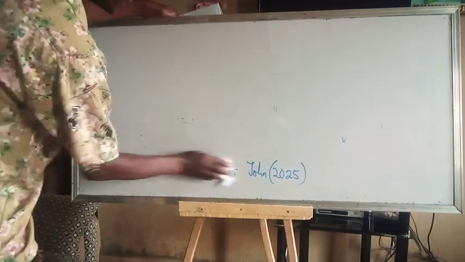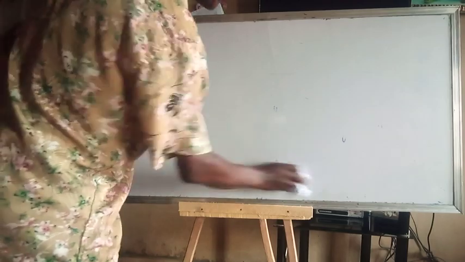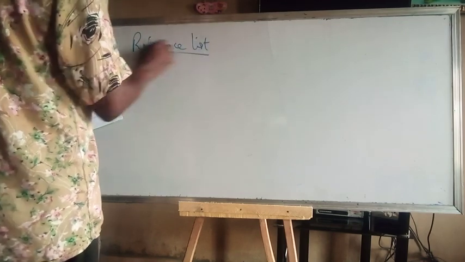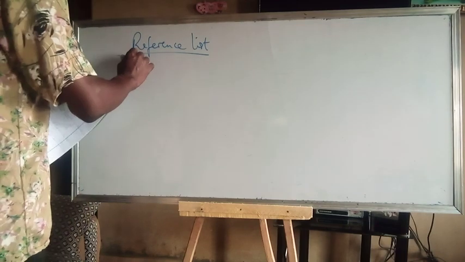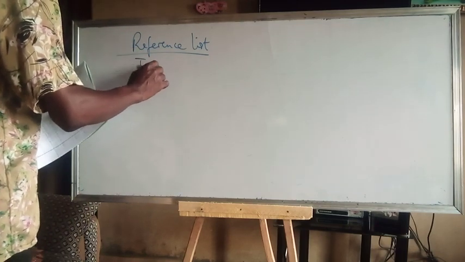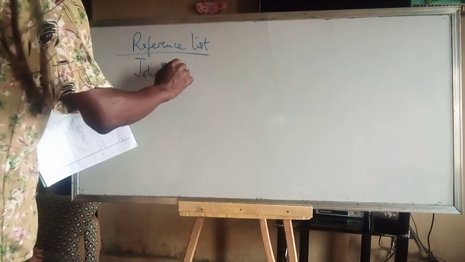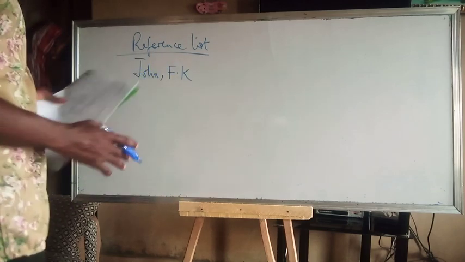Let's look at how his work will be referenced. That we have cited, that's how the work will be listed. Now, reference list. We have it this way. It will be John, let's say John F.K., F.K. is John's initial.